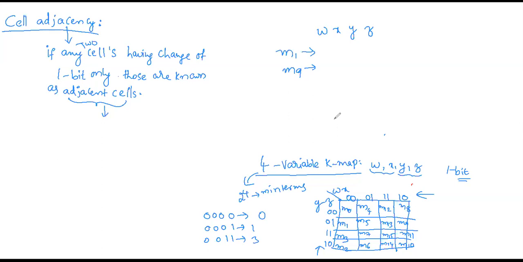Write down the corresponding values. M1 is this square cell. M9 is this square cell.